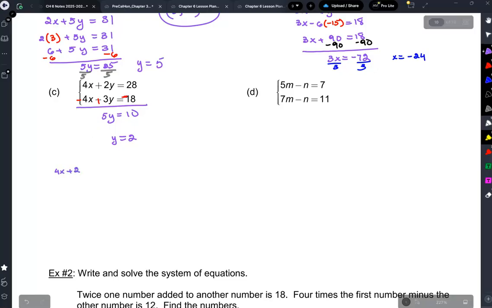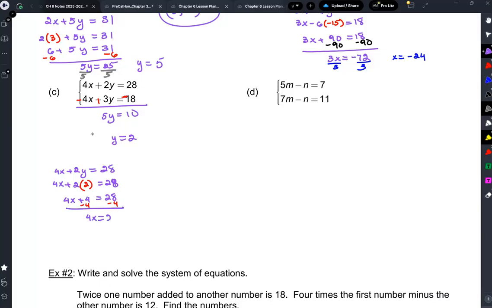So 4x plus 2y equals 28. 4x plus 2 times 2 equals 28. 4x plus 4 equals 28. Okay. Minus 4. Minus 4. 4x equals 24. X is 6. Okay, so I got 6 and I got 2.